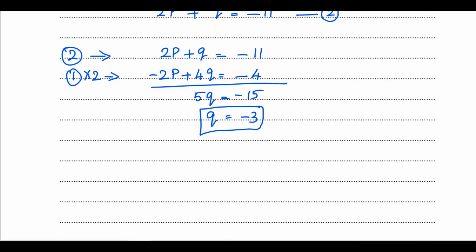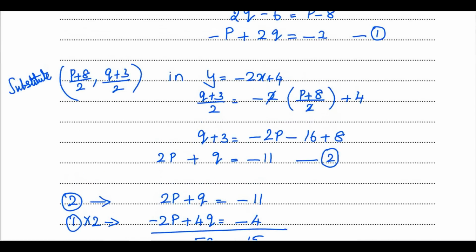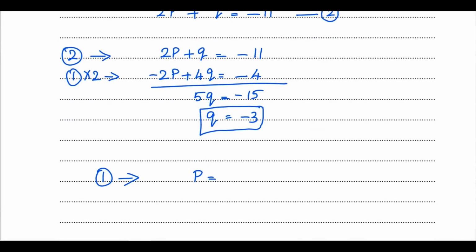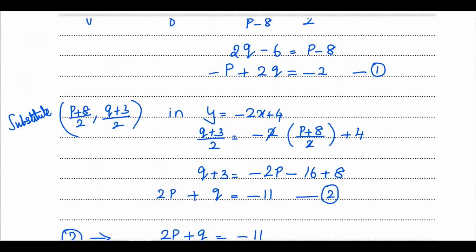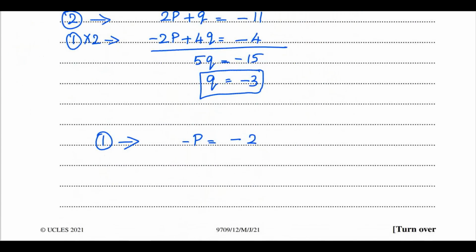Okay. So substitute q is equal to negative 3 in equation 1. You will get p is equal to minus 2 minus 2q.